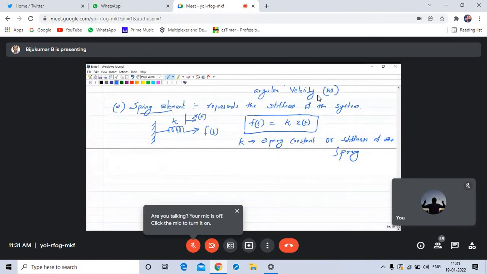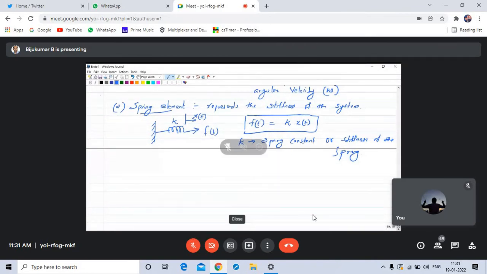Okay. And the third one is the damper. Damper element, you can call it a dashpot also. Another name is dashpot.